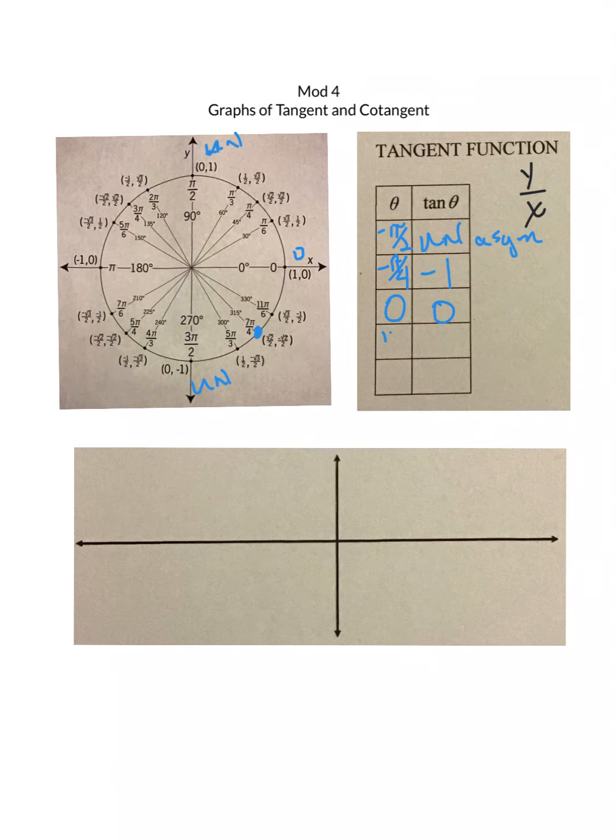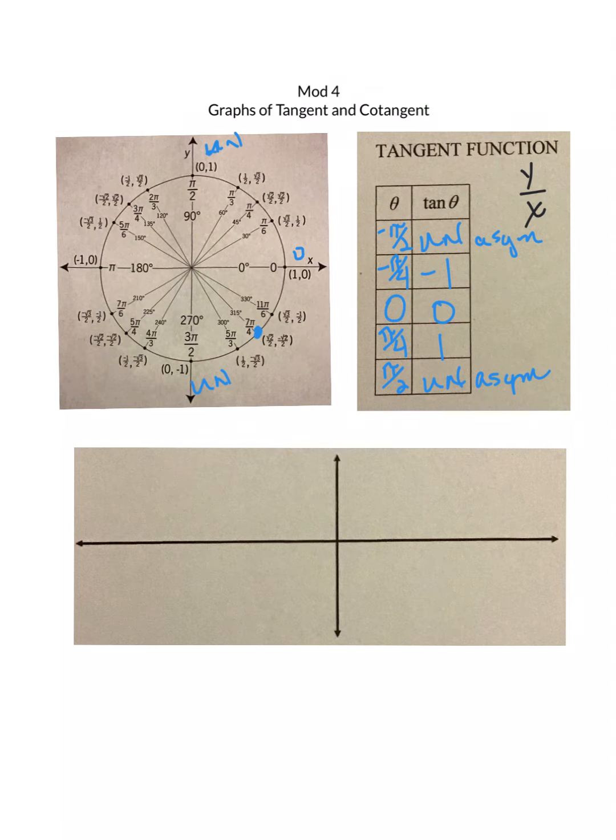At positive pi over 4, we have radical 2 over 2 over itself, so we get positive 1. And then at positive pi over 2, we have undefined again, so that is another asymptote. Just like on the sine and cosine functions, the tangent functions go through these values repeatedly.